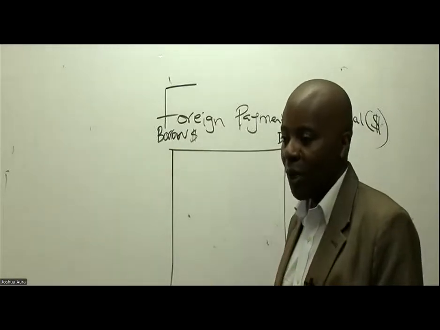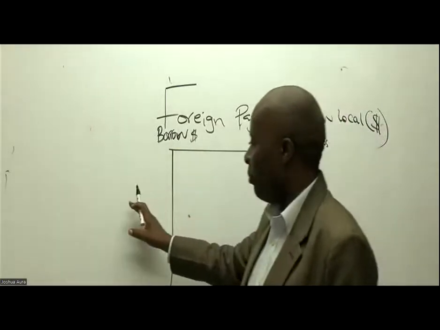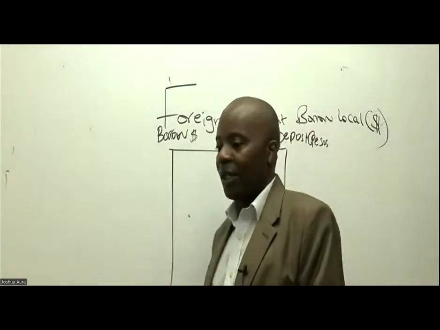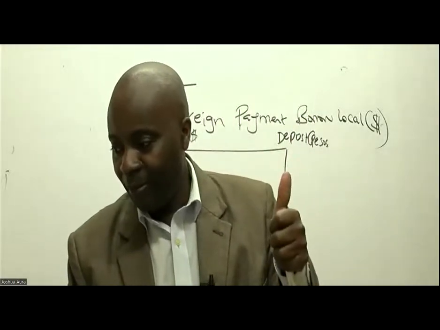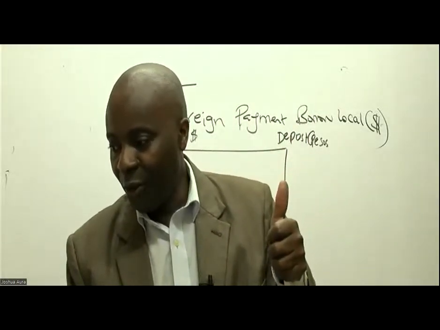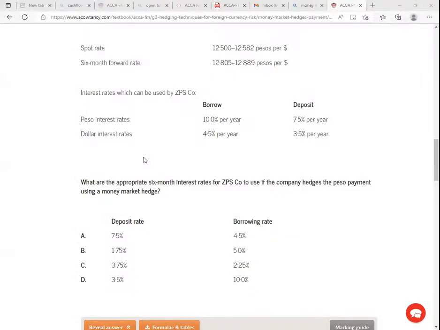They only want rates. So here I would want the borrowing rate of the dollar. Are you able to see the borrowing rate of the dollar? It's 4.5%.